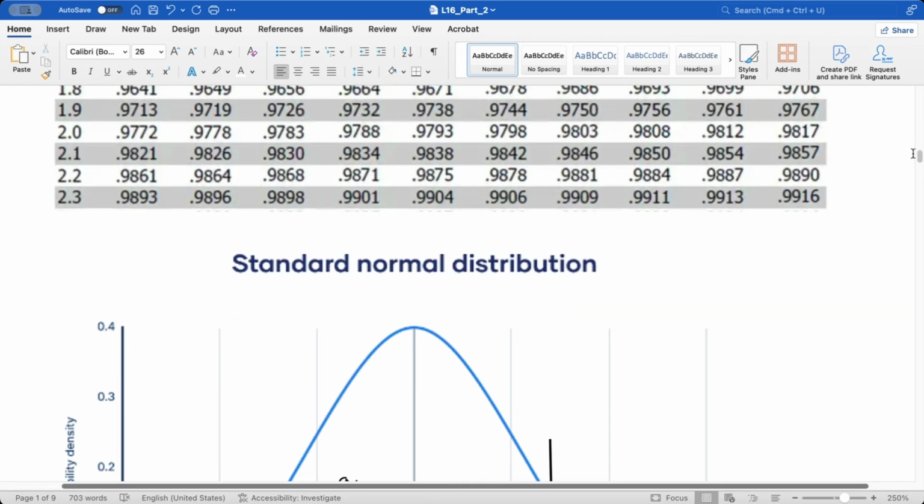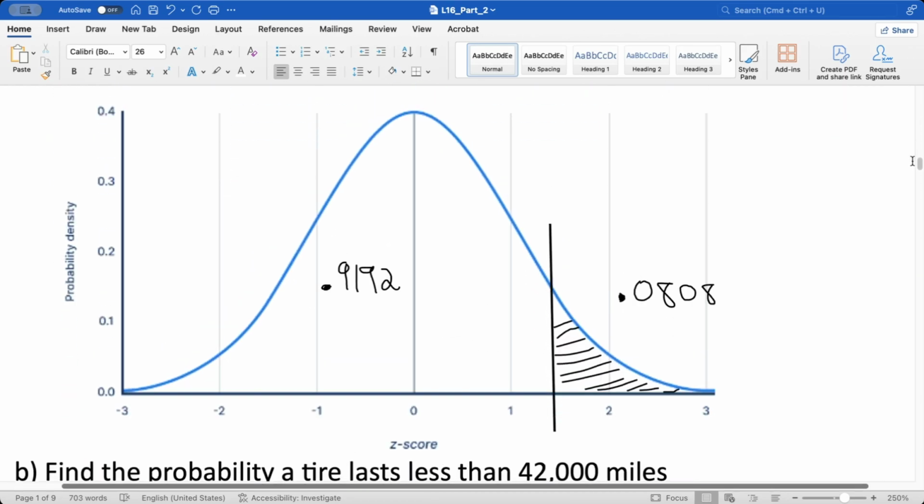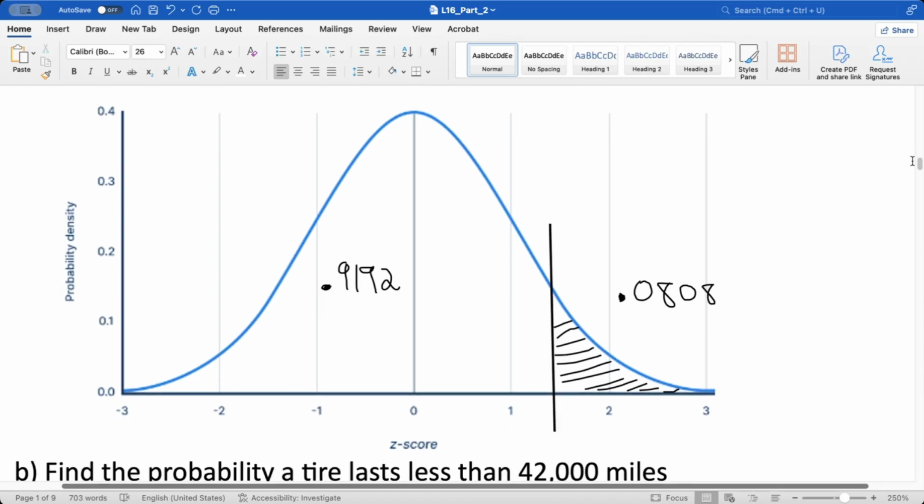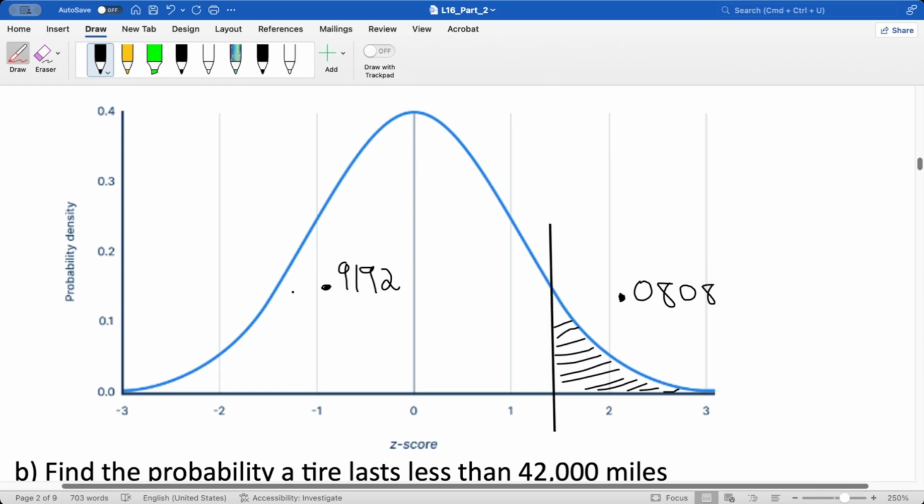So let's look at this graphically here. We have a standard normal distribution, mean 0, standard deviation 1. The z-score we got was 1.40. And we wanted the greater than side, so we wanted the side to the right.